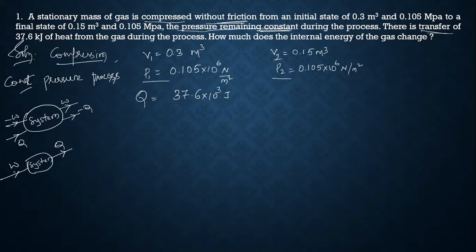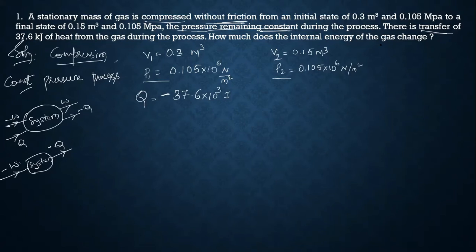Therefore, work done on the system is negative, and heat is liberated, that is negative. Since it is a compression, if work is done, obviously heat is liberated. The sign convention for heat liberated is minus. Therefore, this is minus 37.6 kilojoules.